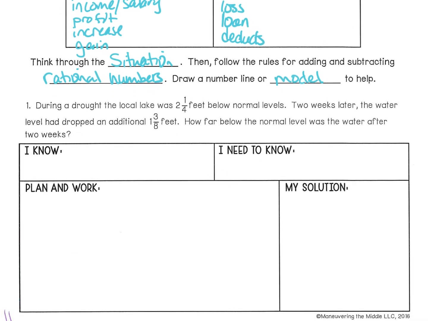So let's look at this. During a drought, the local lake was 2 1/4 feet below normal sea level. 2 weeks later, the water level dropped an additional 1 3/8 feet. How far below normal sea level was the water after 2 weeks? So we know it started, and again, I want to see work somewhere.